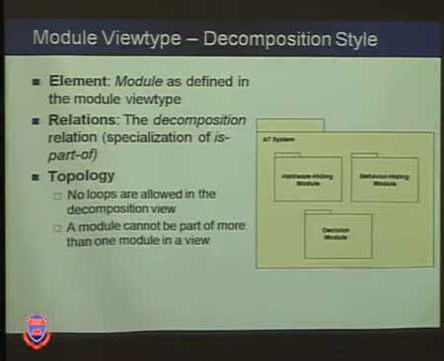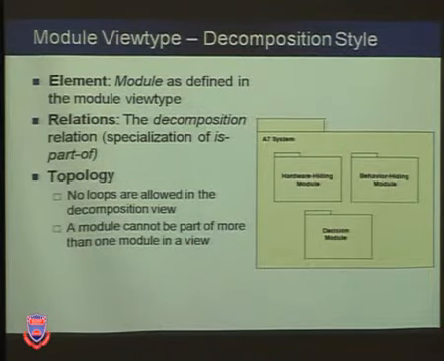The relation, in the decomposition style, the constraint is you can only use the decomposition relation, a specialization of is-part-of. There are some topology constraints. No loops are allowed in this decomposition view. A module cannot be part of more than one module in a view.